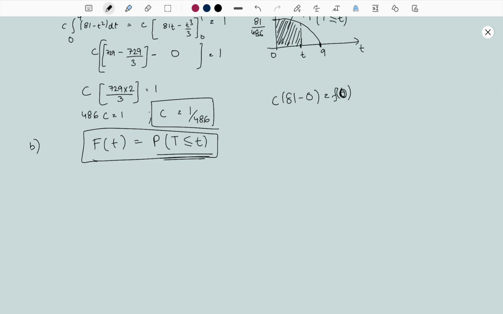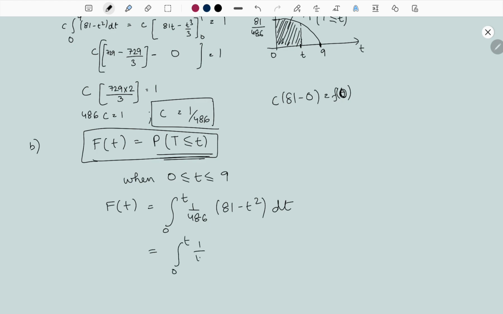So when t is between 0 and 9, f of t will be equal to the integral from 0 to t of 1 by 486 from the previous result, times 81 minus t square dt. Let us take 1 by 486 outside.